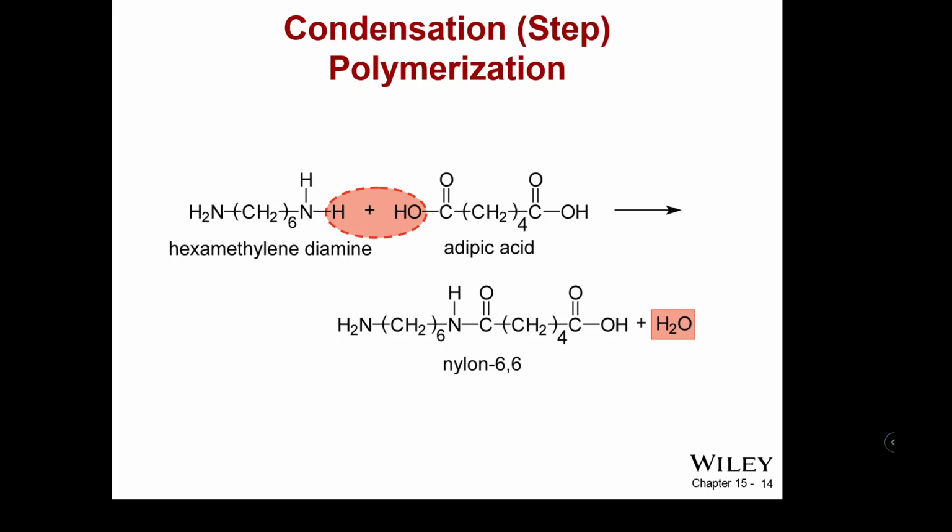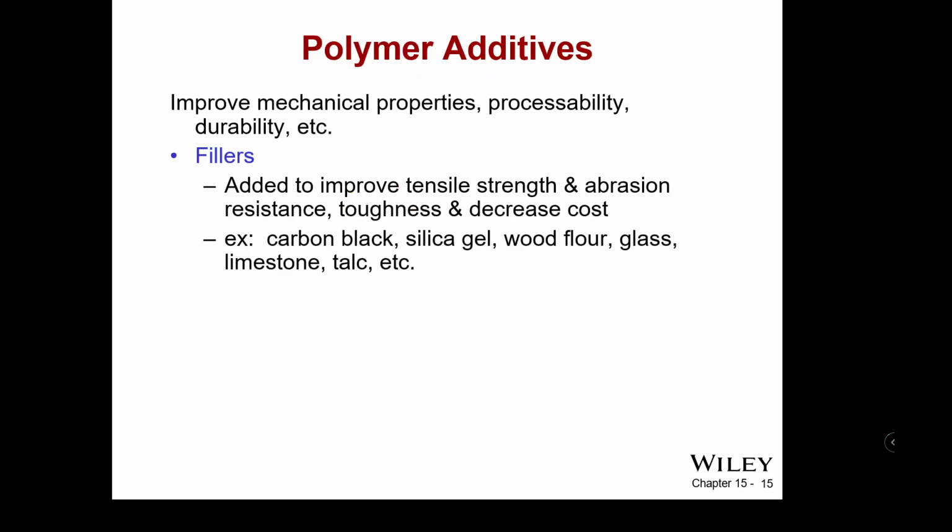This becomes kind of the backbone for a lot of the kinds of stuff that we do. So there are additives that can be included, fillers that change mechanical properties, processability, durability, and add resistance to UV damage, all sorts of things. They're added to improve physical properties like abrasion resistance, toughness, and decreased cost.